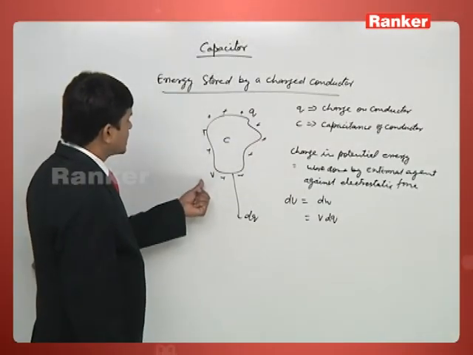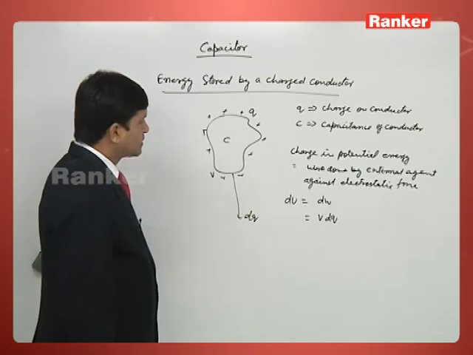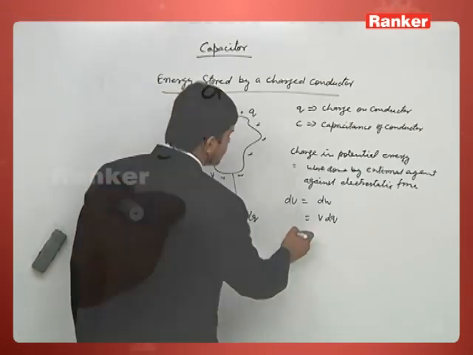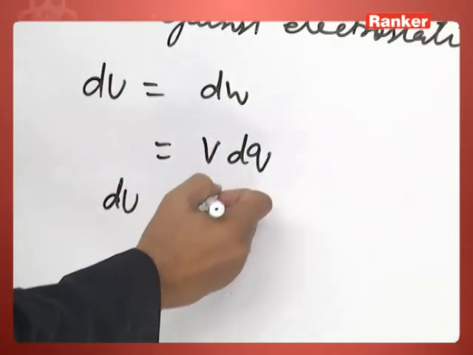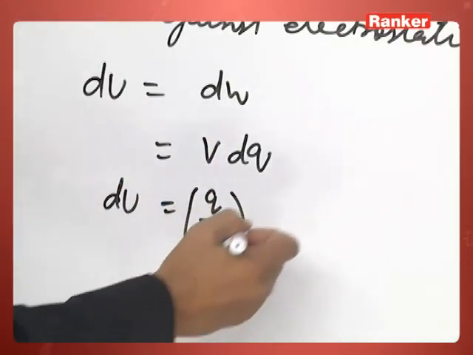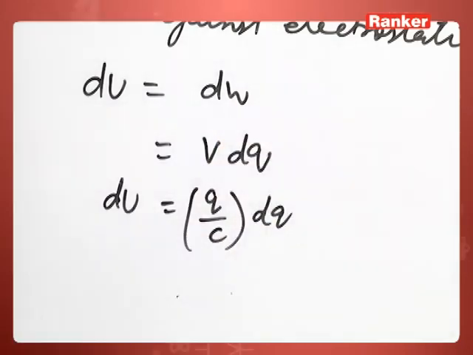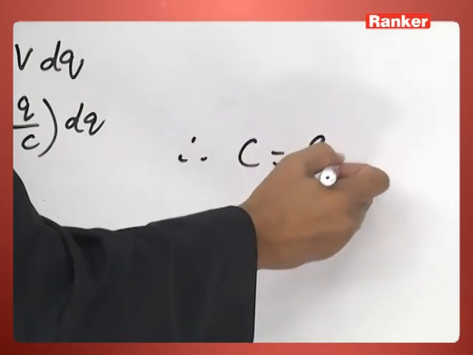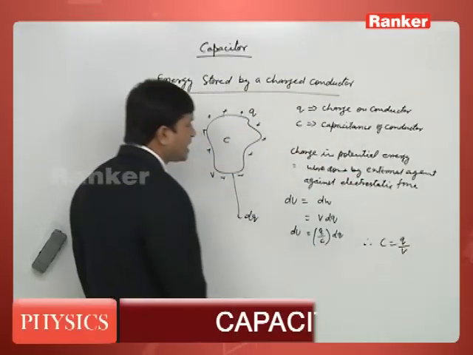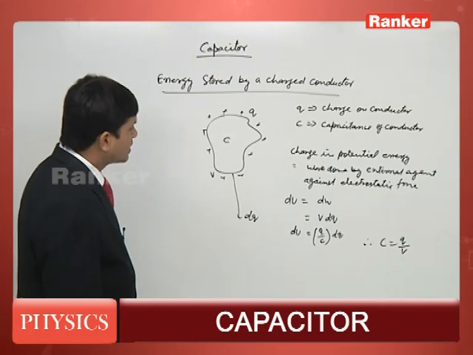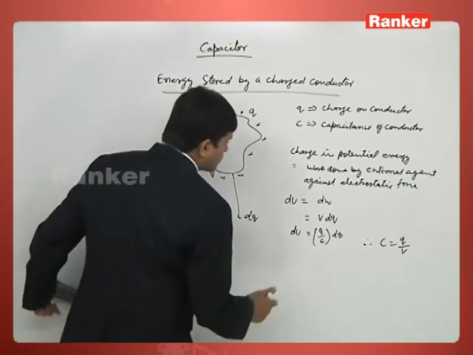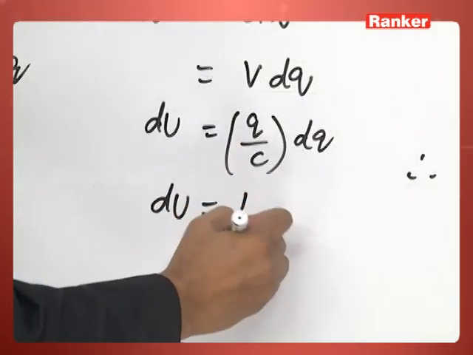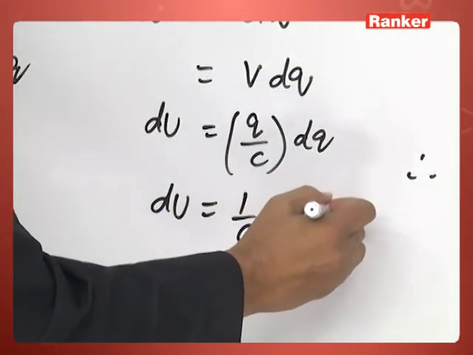When V is the potential and we are removing dq charge, V is further written as we have done in the previous case, V is equal to Q by C, as C is equal to Q by V. So total energy is written as dU equals 1 by C Q dq.